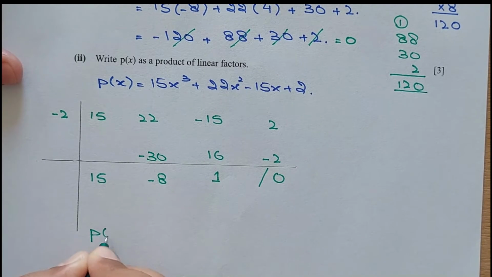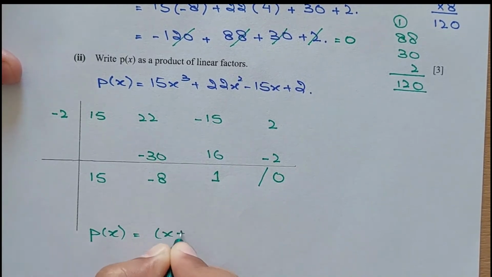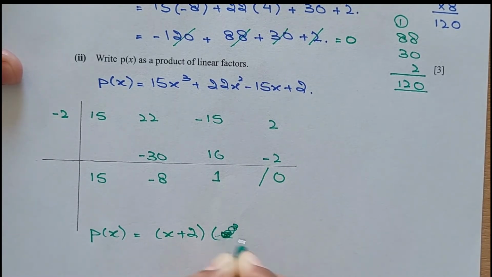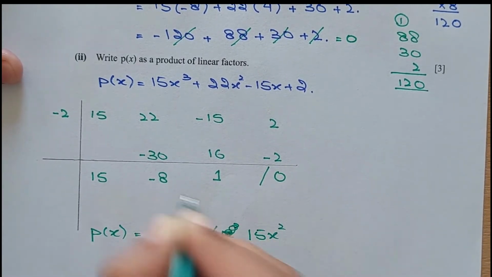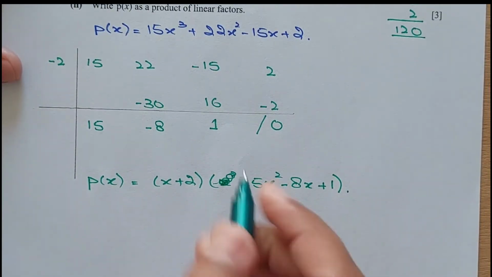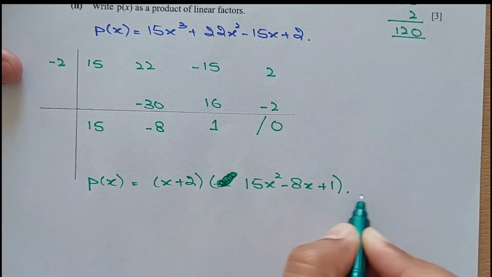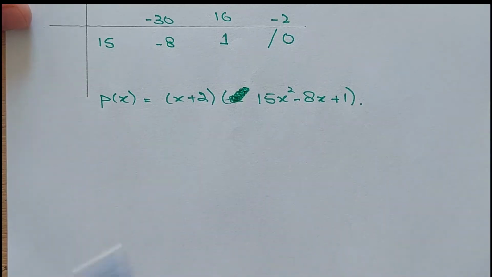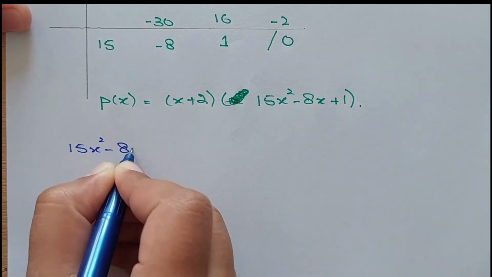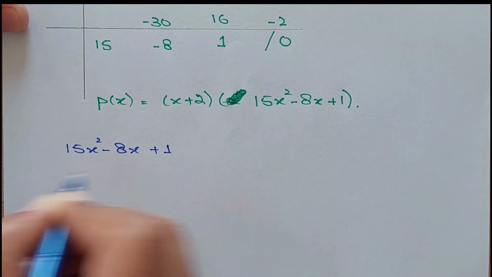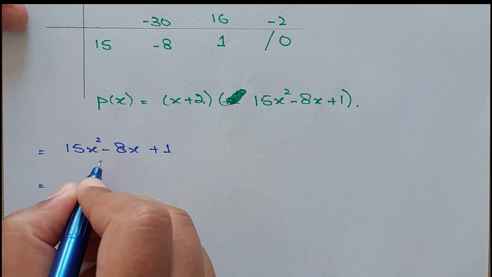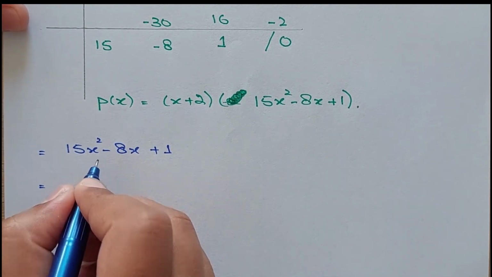So we can say p of x is now x plus 2 times 15x squared minus 8x plus 1, where 15 is the coefficient of x squared, minus 8 is the coefficient of x, and 1 is the constant term. Now let me find the factors of this quadratic expression. 15 times 1 is 15, and 3 times 5 is 15, and minus 3 minus 5 is minus 8.